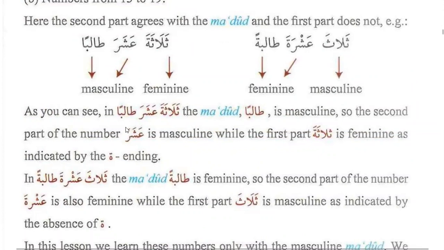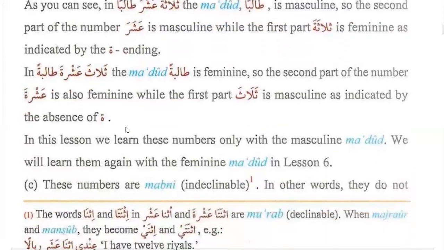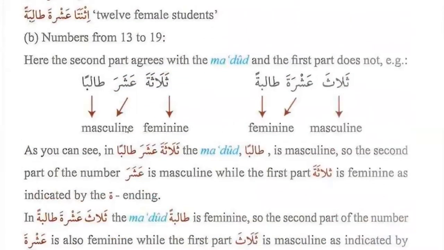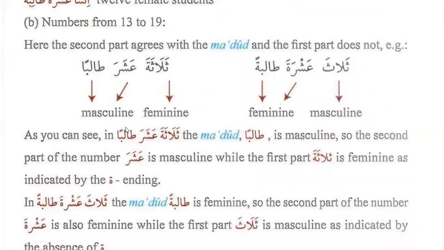But from 11 till 99, the ma'dud is singular mansub. So that's why it is taliban. Others are the same from 3 to 10 and from 13 to 19, but the ma'dud are different.